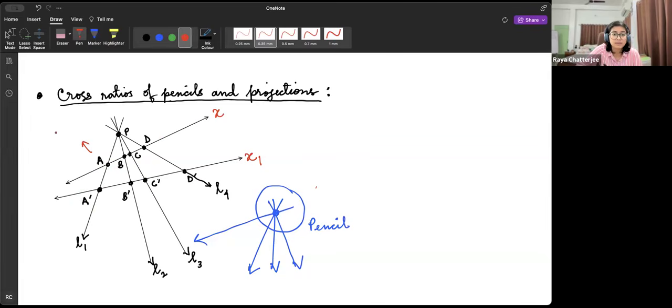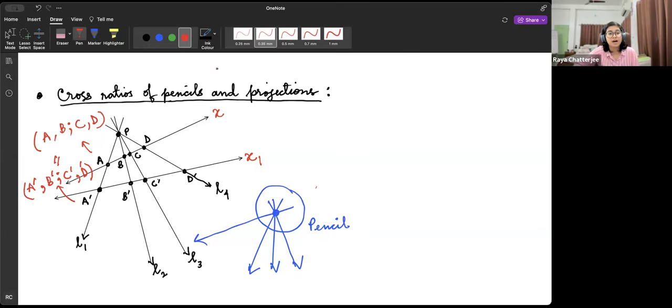This cross ratio will be A, B, C, D. And the other cross ratio is going to be the same thing with primes: A prime, B prime, C prime, and D prime. And the best thing about pencils is that these two cross ratios are going to be equal.